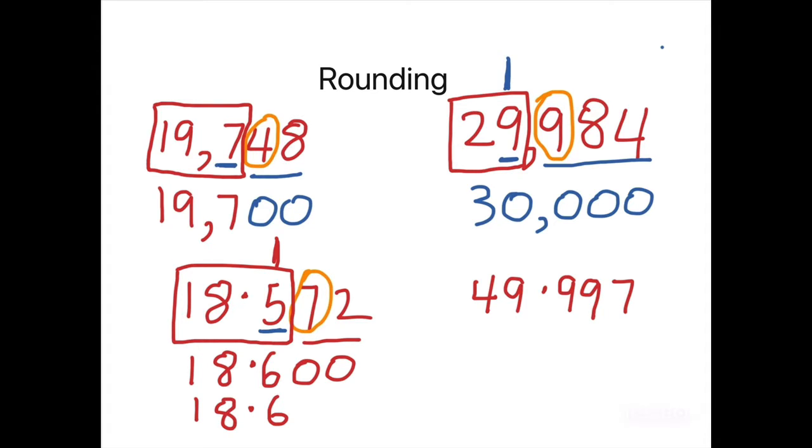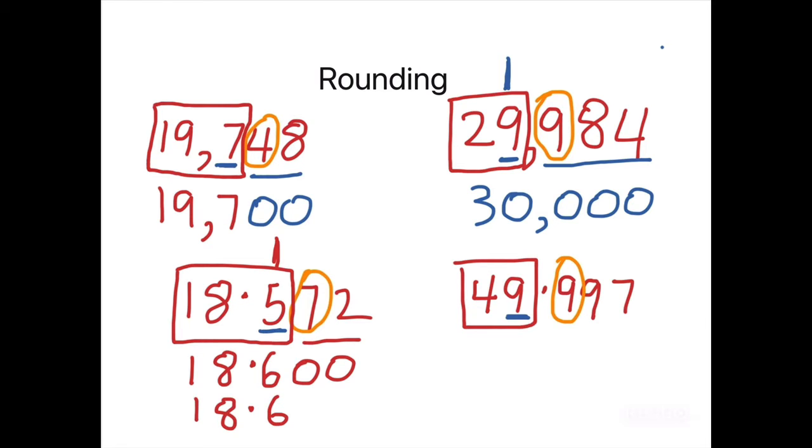So we're going to underline this 9 and we're going to circle the place after it, which also happens to be 9. And now we're going to box the numbers that come before the underlined place and the underlined place. So we're going to box 49. Now the circled 9 tells us to increase the numbers in the box by 1.